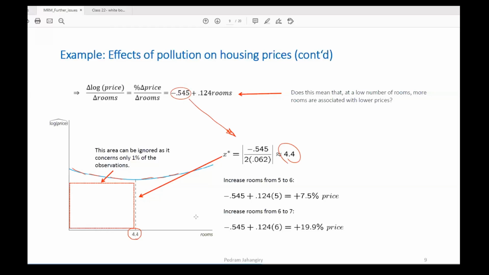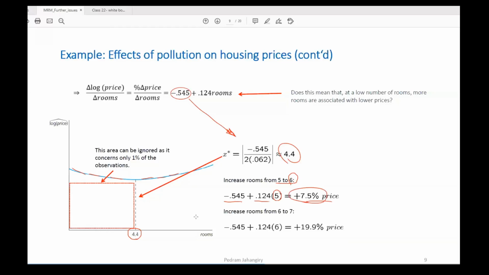So for instance, let's look at the marginal effect when we go from 5 rooms to 6 rooms. This is the marginal effect of the 6th room. So I need to plug 5 into the derivative: minus 0.545 plus 0.124 multiplied by 5. Again, this is the marginal effect of the 6th bedroom, which is positive.